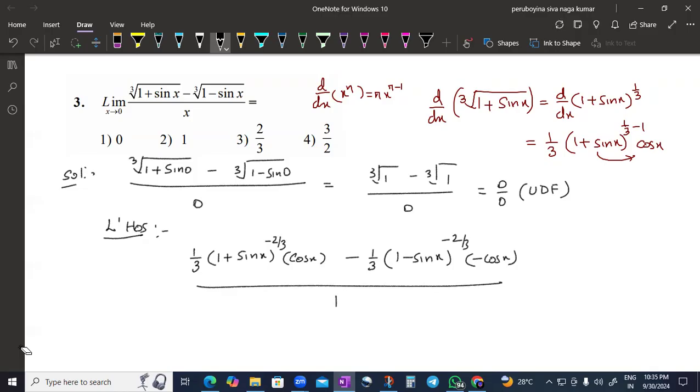Understood? Now x value I am going to substitute 0, limit x tends to 0.